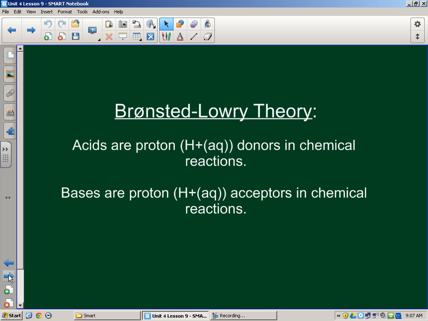Last one, and this is the most important one here, is the Bronsted-Lowry theory. Acids are proton donors in a chemical reaction, and bases are proton acceptors in a chemical reaction. So acids donate protons, are proton H+ donors. Bases are proton acceptors, H+ acceptors.